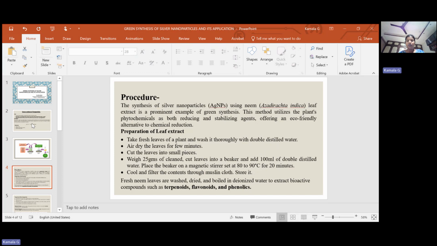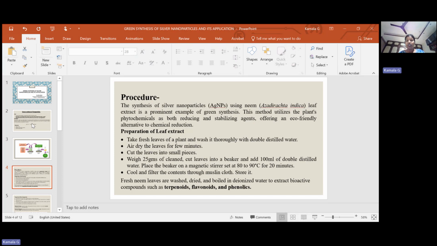Now the procedure: first you have to synthesize the nanoparticles using neem extract. This process is denoted as green synthesis. The phytochemical constituents that can reduce the silver nitrate may be tannins, flavonoids, terpenoids, and phenolic components.